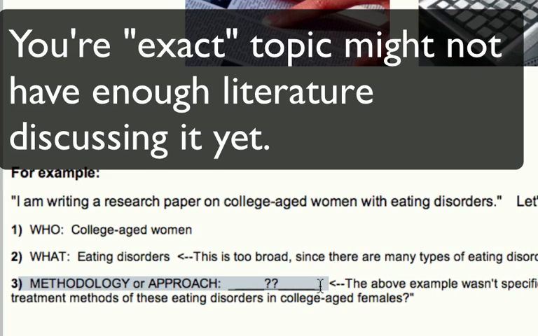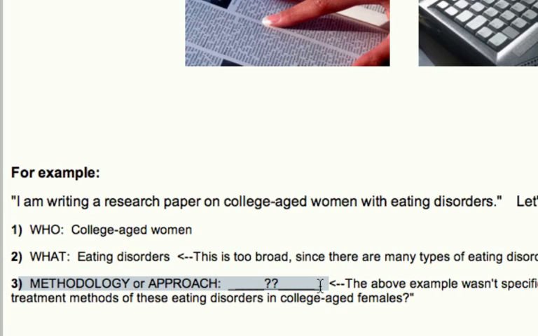Once you start doing searches in the database, you might start seeing that one type of methodology or one type of approach or one type of treatment option for college-age women with eating disorders might be cognitive behavioral therapy, that type of approach for treatment.